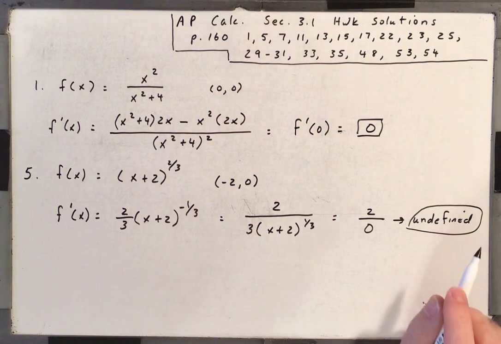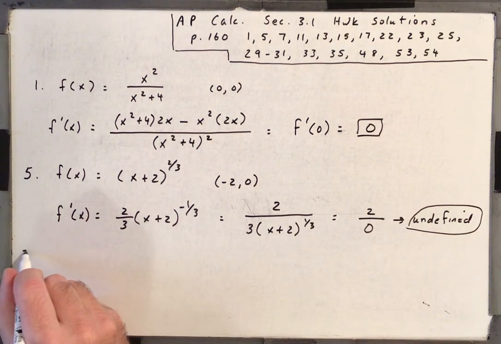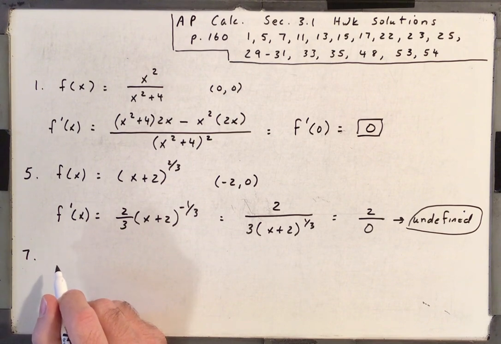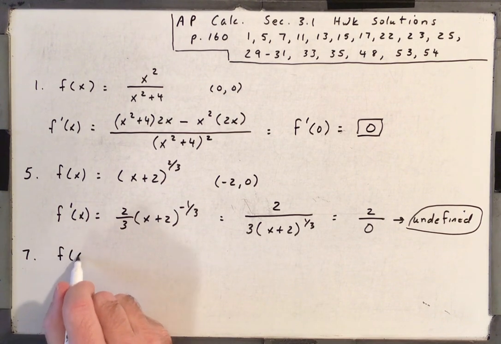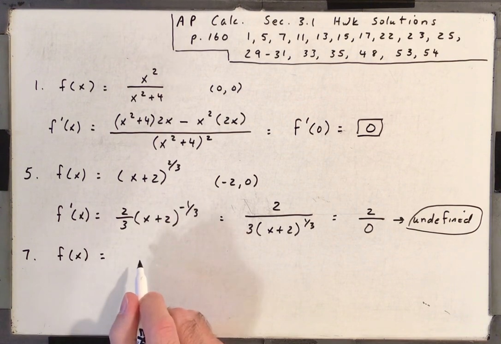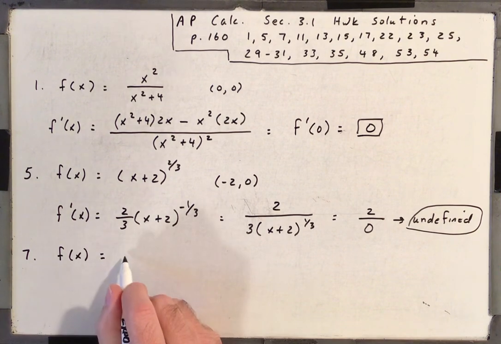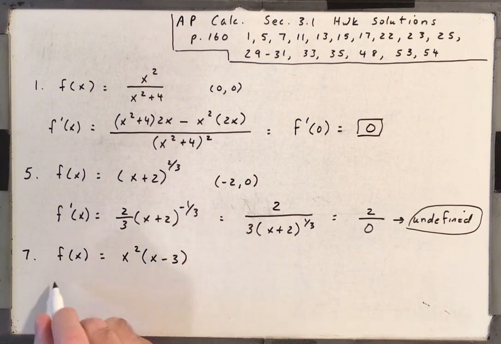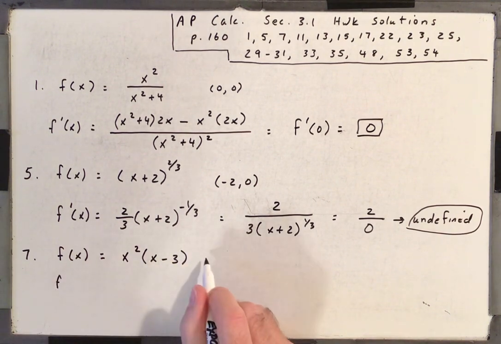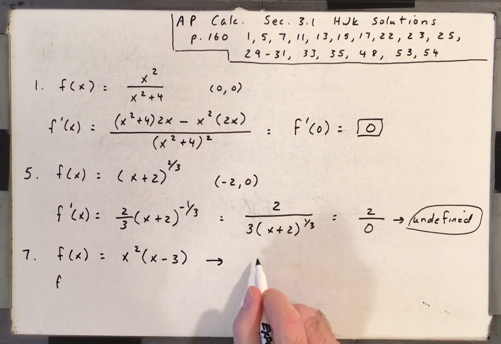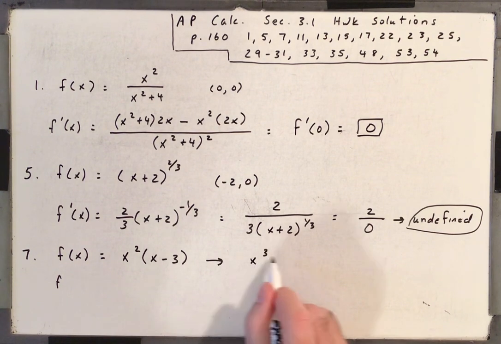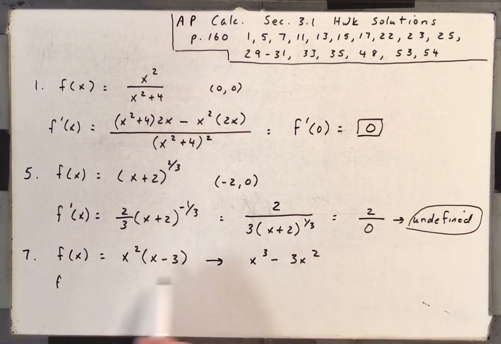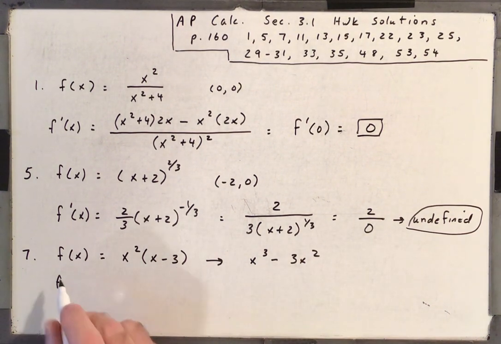Okay, next one, let's see if we can fit number 7 on here. We're finding the critical numbers, and we have f of x equal to x squared times (x minus 3). So I'm going to rewrite that as x cubed minus 3x squared. I have just distributed the x squared.